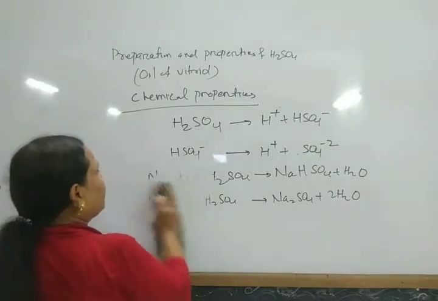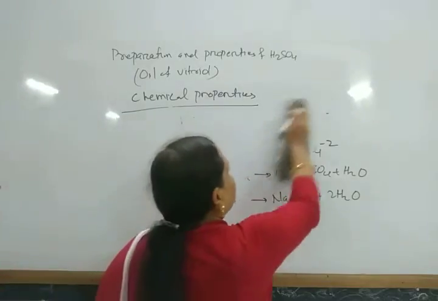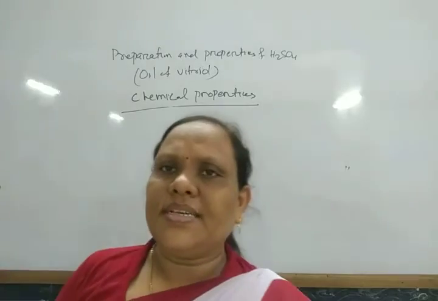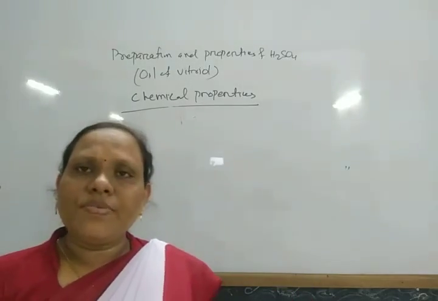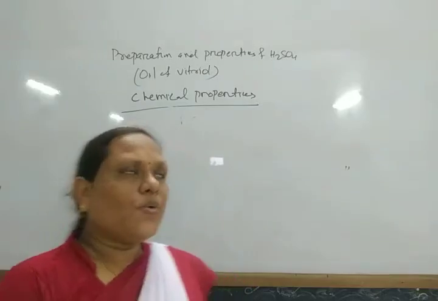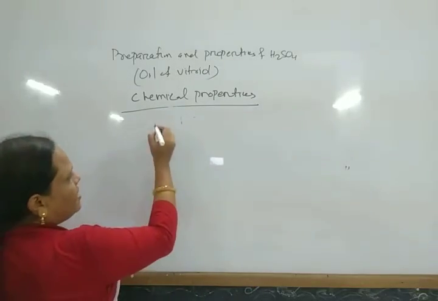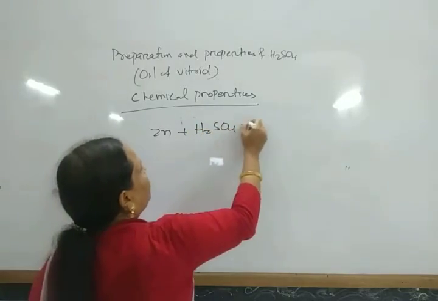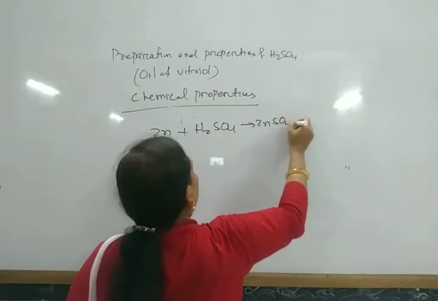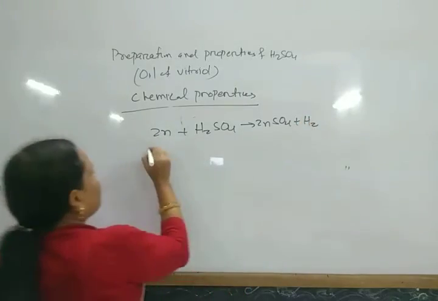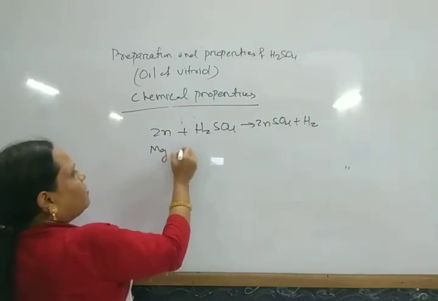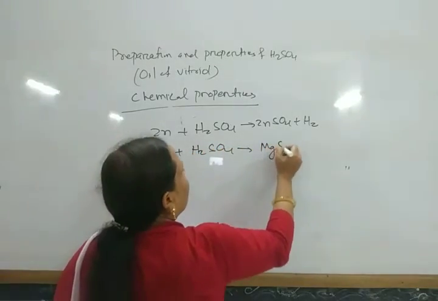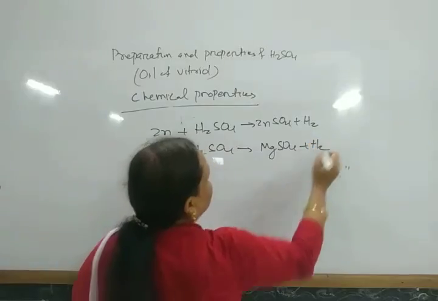It also reacts with active metals like sodium, potassium, zinc, magnesium, etc. to liberate hydrogen gas with formation of the corresponding salt. Zinc plus H2SO4 gives ZnSO4 plus hydrogen. Similarly, magnesium plus sulfuric acid gives magnesium sulfate plus hydrogen.